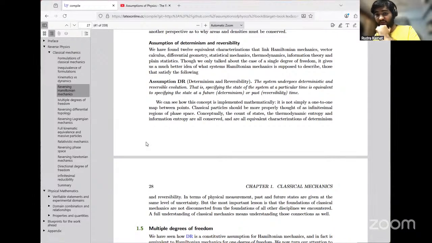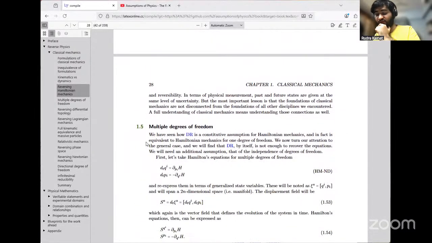In terms of physical measurement, past and future states are given at the same level of uncertainty. But the most important lesson is that the foundations of classical mechanics are not disconnected from the foundations of all other disciplines we encountered. A full understanding of classical mechanics means understanding those connections as well.